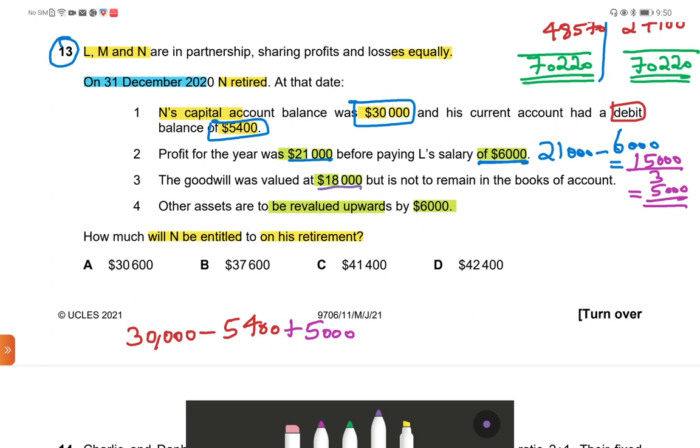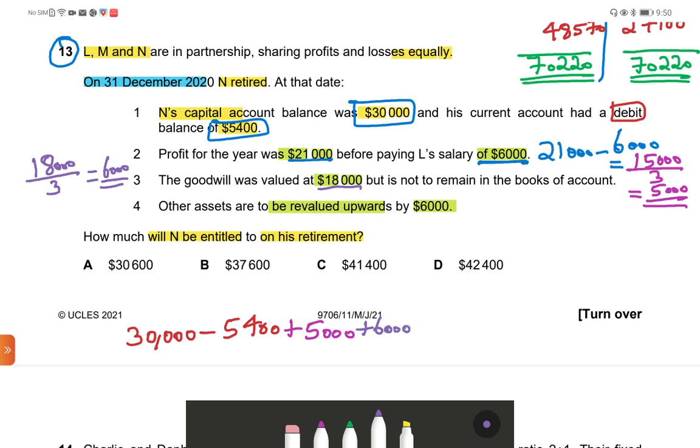So what is the portion of his goodwill? 18,000 divided by 3, 6,000 goodwill. He has to get 6,000 goodwill. So the amount is 6,000. We will add goodwill 6,000.